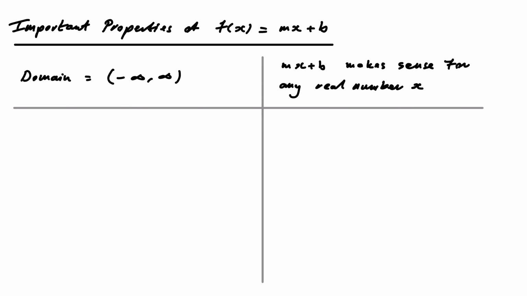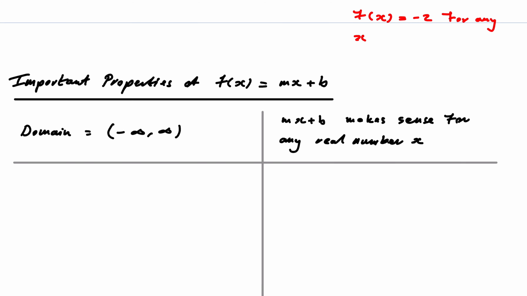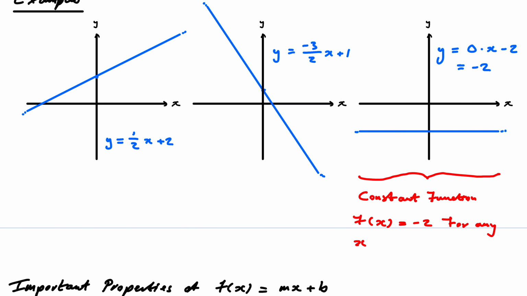What about the range? Well, this is a bit more tricky. Let's go off for a moment and look at these. So the range, remember, is all the y values that get taken, and we can immediately see here that the range will kind of depend on the slope. So if you're non-zero slope, it strikes me that every single y coordinate is going to get hit.